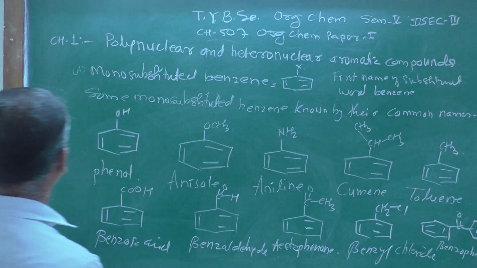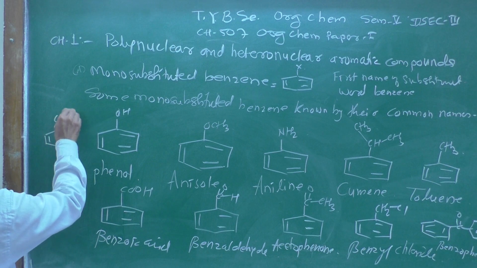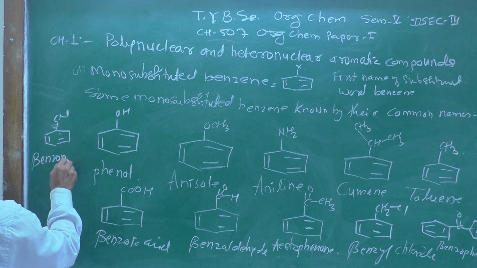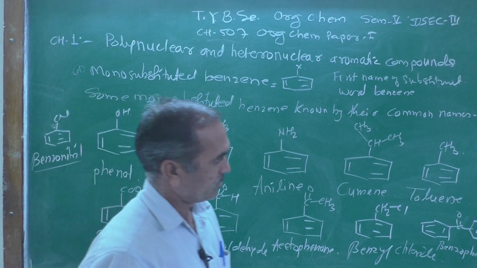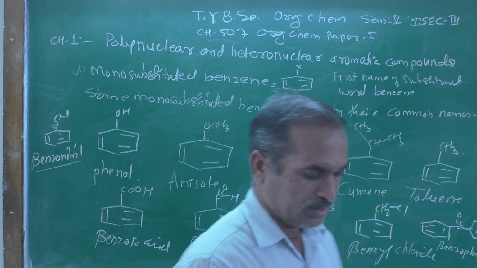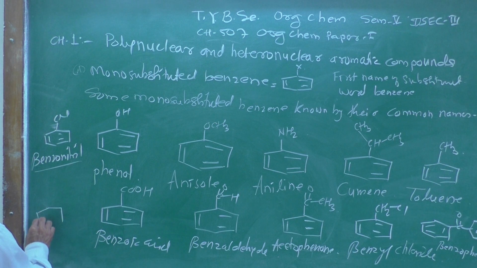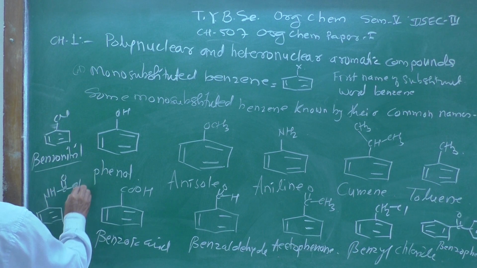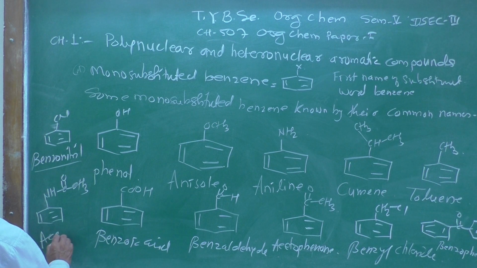Then one more structure let me draw here, CN. This is benzonitrile. And one more compound which I am showing here, NH C double bond O CH3, that is nothing but acetanilide.